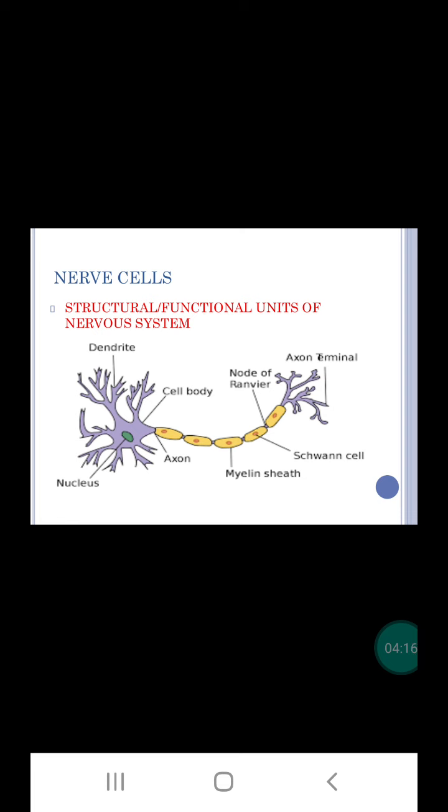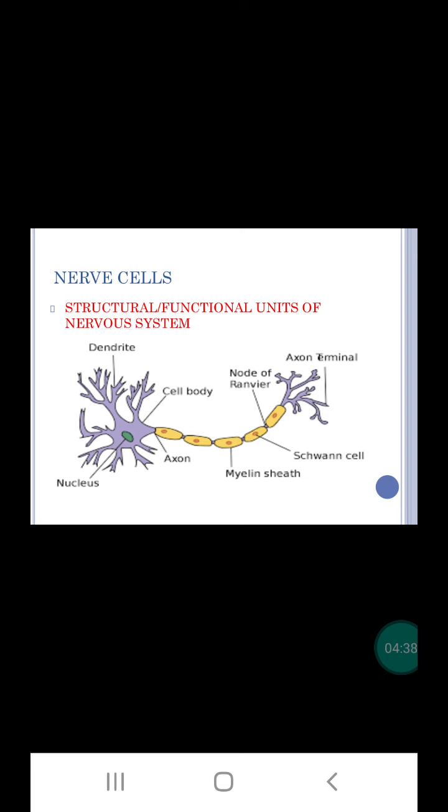And along the axon there are present Schwann cells. Between the two, you can say axons, there is present node of Ranvier, and to the extreme end of the nerve cell there is present axon terminal.